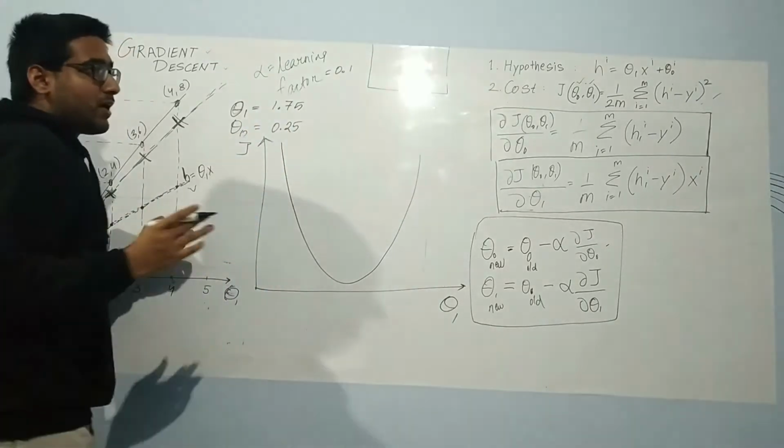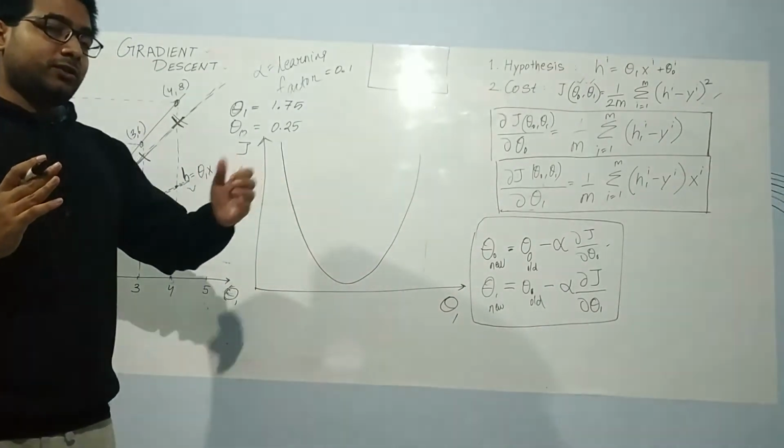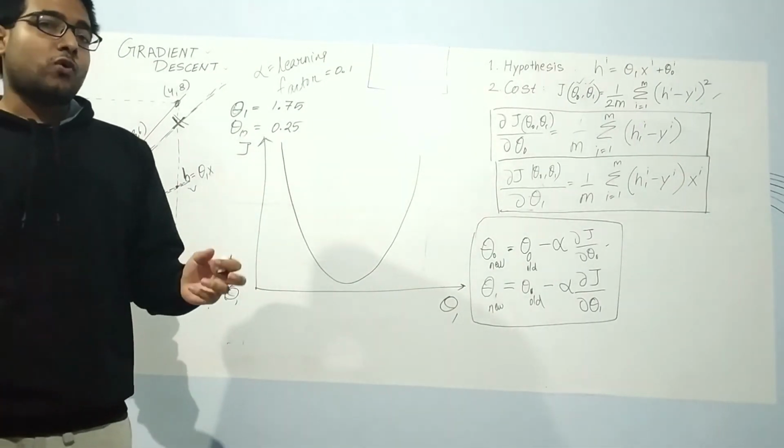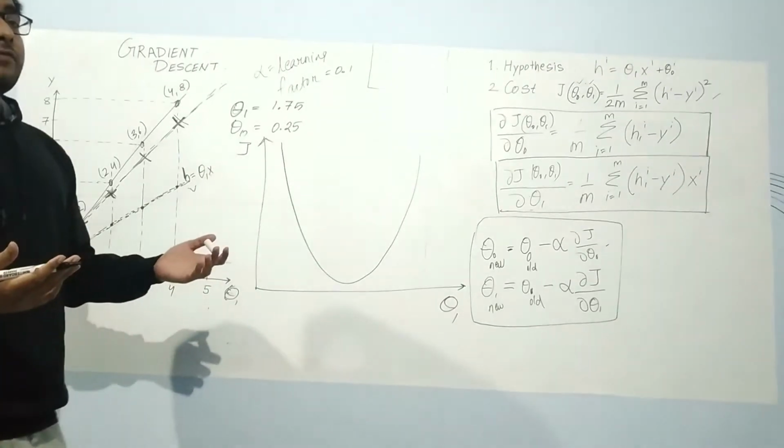So I was talking about the range of the learning factor values that we take. It's usually between 0.01 to 0.1, but it will depend a lot on the type of problem that you have.